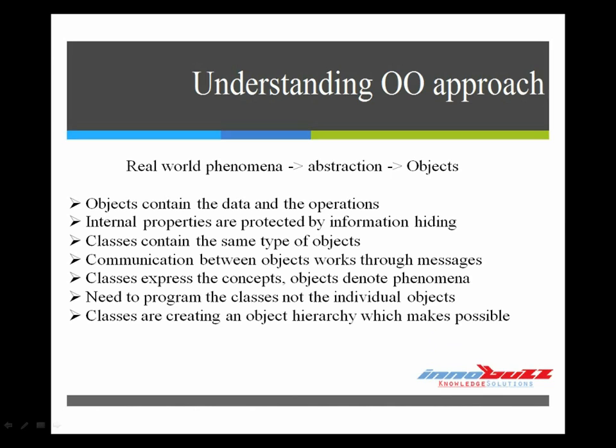Classes are creating an object hierarchy, which makes it possible to extend and specialize each other by inheritance. This is a big tree in most of the languages. This is the object hierarchy, and the classes are related to each other as child and parent classes.